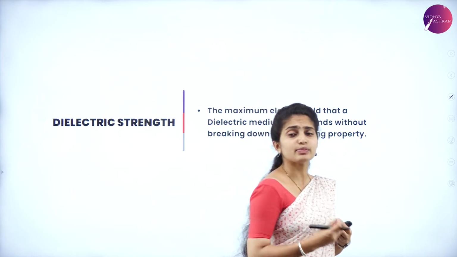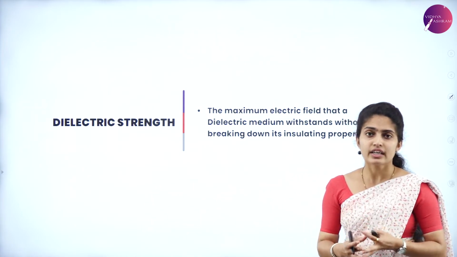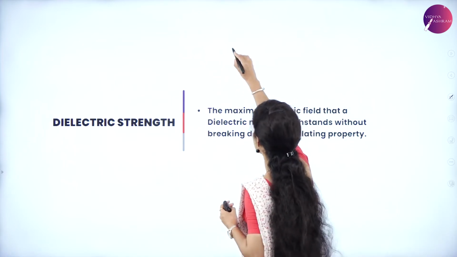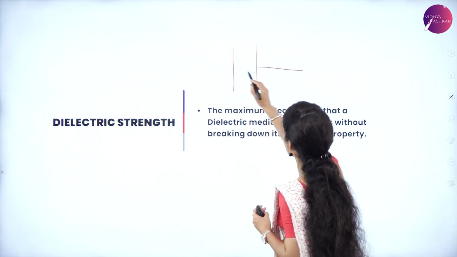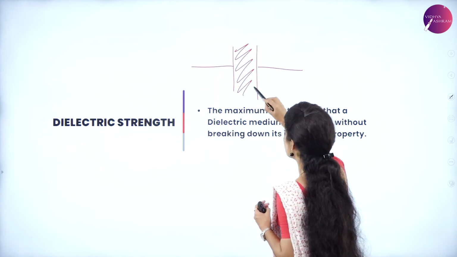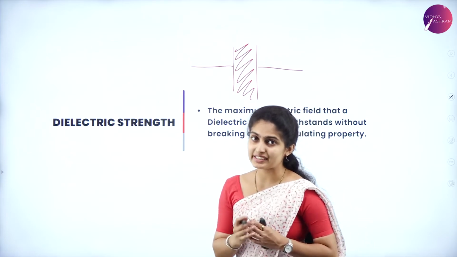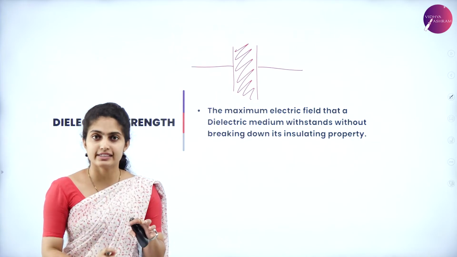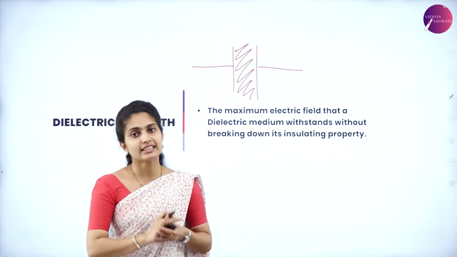What is meant by dielectric strength? There is a capacitor over here which has got a separation, and that separation is nothing but a medium which can be called an insulating medium or a dielectric.